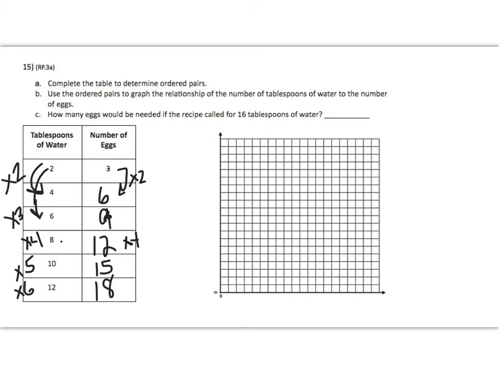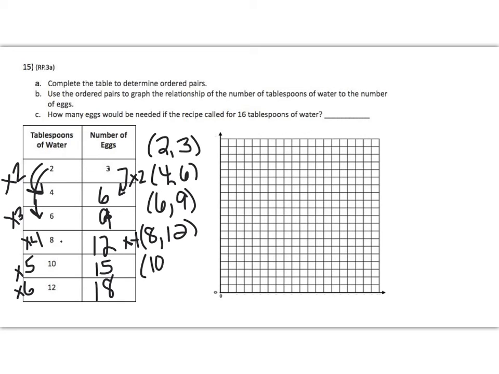So when we're writing our ordered pairs, we would be writing these as such: (2, 3), (4, 6), (6, 9), (8, 12), (10, 15), and (12, 18).